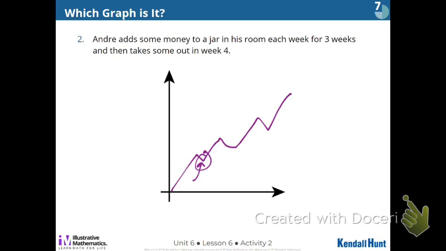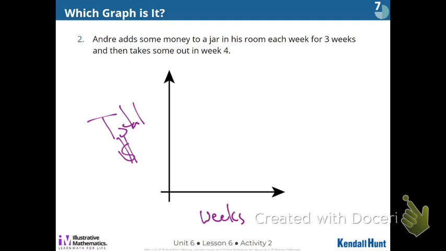I think the variable is time in weeks for my independent, and then total money for my dependent. So if it dips down, what's happening to the money in the jar from week 1 to 2? If it dips down, it means he's losing money. So that's why I was wondering if you change the variable to like the hand going in or something.